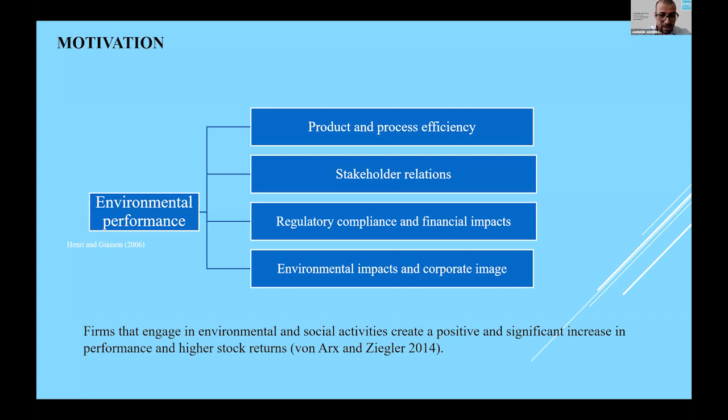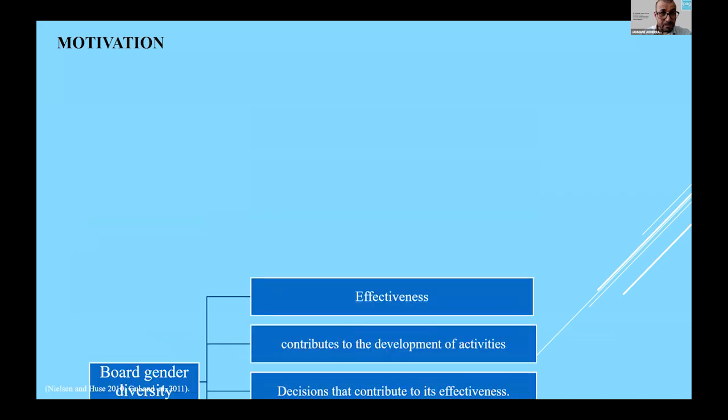Also, we can say that firms that engage in environmental and social activity see a positive and significant increase in performance and higher stock return. We can see the research of Von Axe and Zeiger 2014.